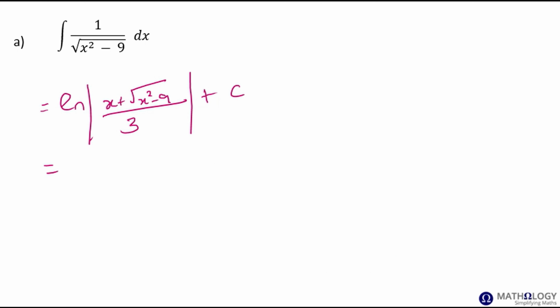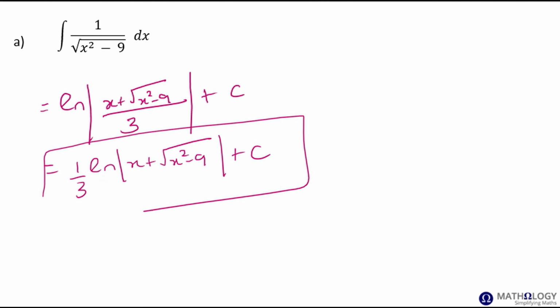Just to clean it up a bit, we can take out the third, so we'll have a third ln |x plus root x squared minus 9| plus c, and that's the final answer.